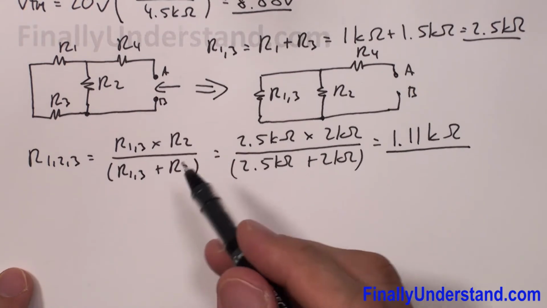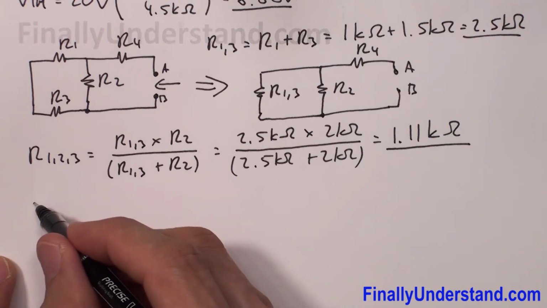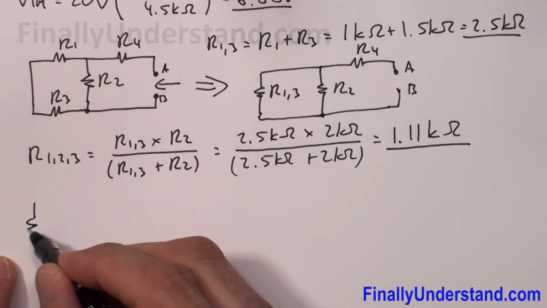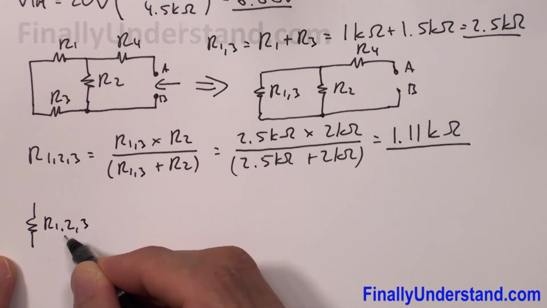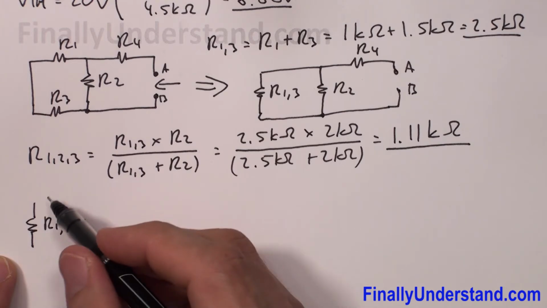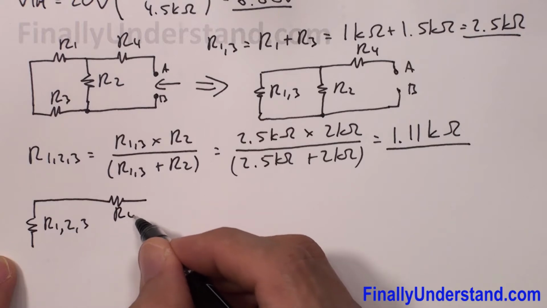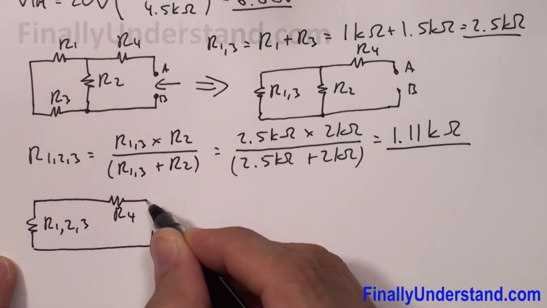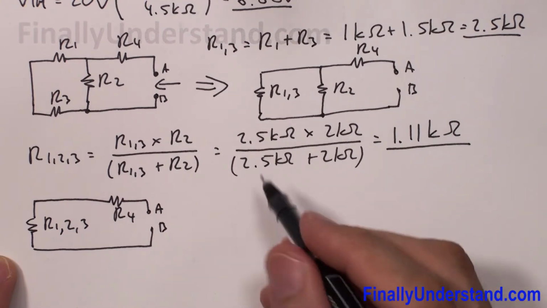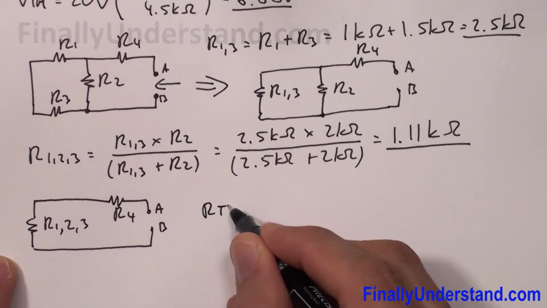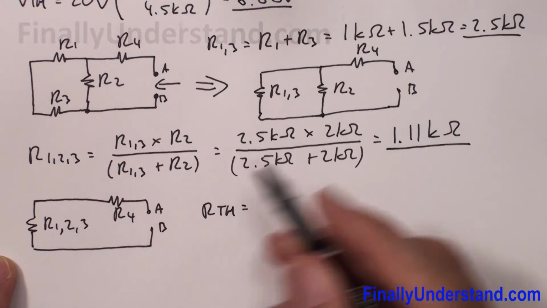Now we can find the RTH. Maybe I'm supposed to redraw the circuit one more time, so we get something like this. We have resistor R1,2,3, and this resistor is in series with R4, and I have my points A, B. So RTH is simply the sum of these two resistances.